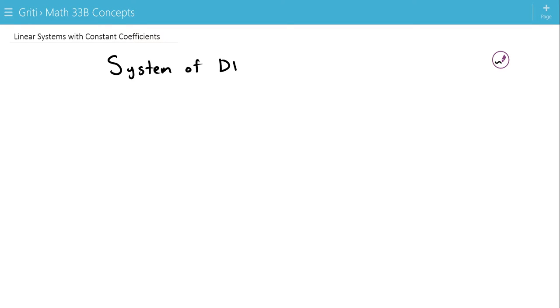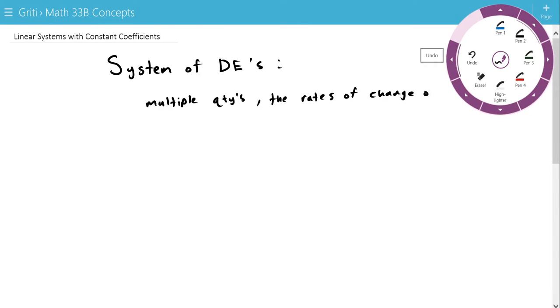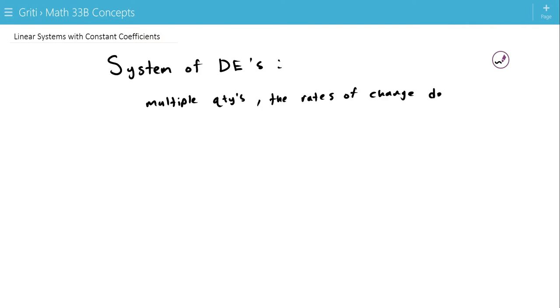In a system of differential equations, we have multiple quantities and the rates of change of these quantities. Rates of change depend on each other.